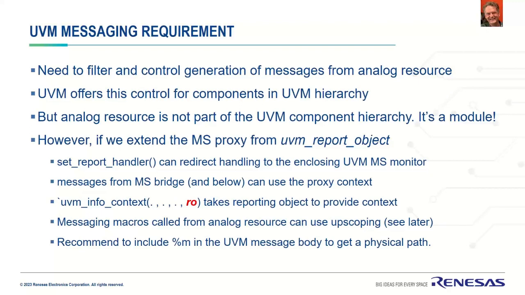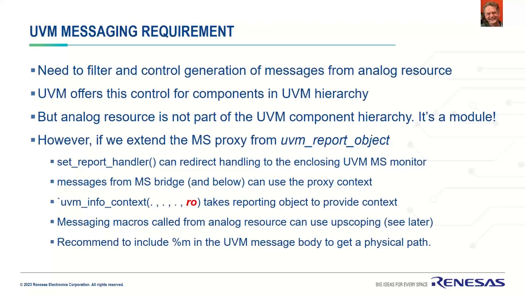So if we use a little trick to extend our mixed signal proxy from the report object, then we could use a set report handler to, even though that report object itself is instantiated inside the bridge, from the agent level, say we'll make the proxy's report handler my context, and then all the messages coming from the UVM-AMS bridge world and even inside the analog resource will look like they're coming from the agent.